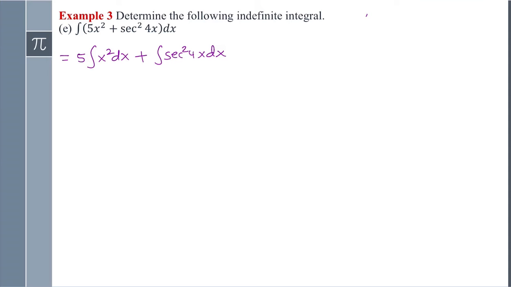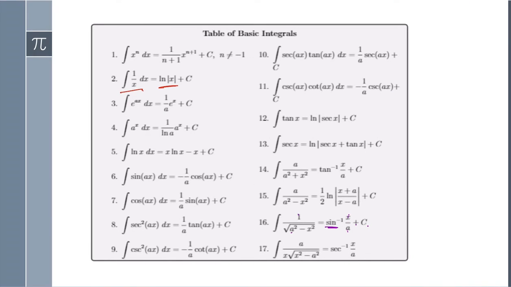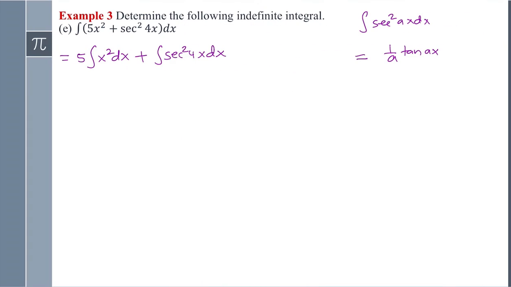But we have this form: integral of secant squared ax dx equals 1 over a tangent ax. If you go back here, I'll show you the formula. The integral of secant squared x is right here: 1 over a tangent ax plus c.